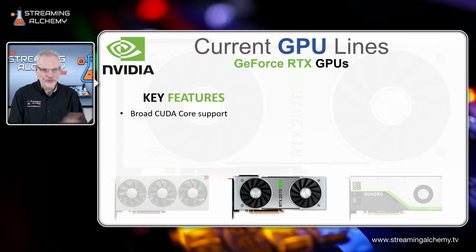And CUDA is broadly supported. I mean, there's so many applications out there that leverage it. And so even beyond live streaming, if you're in 3D visualization, virtual reality, the number of software applications that support CUDA are going to vastly outnumber anything else. And so definitely something to consider, but it's also the most broadly and most deeply supported GPU framework in the live streaming world.